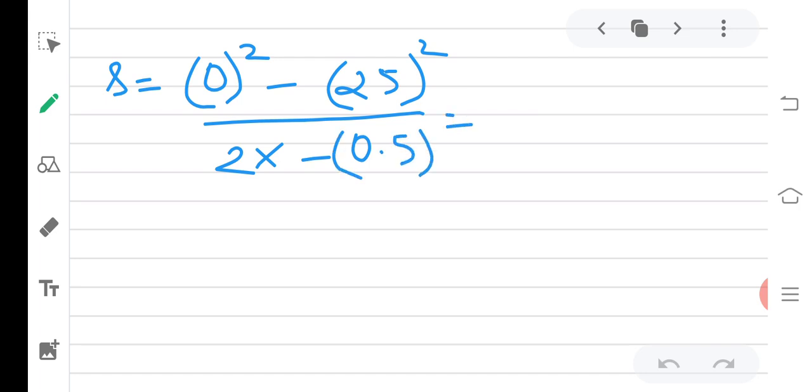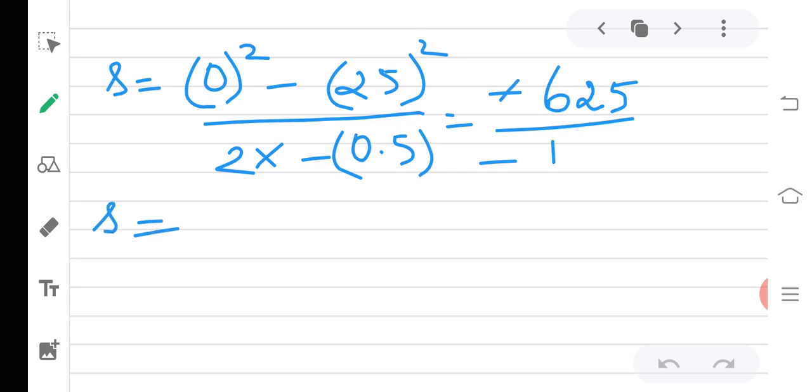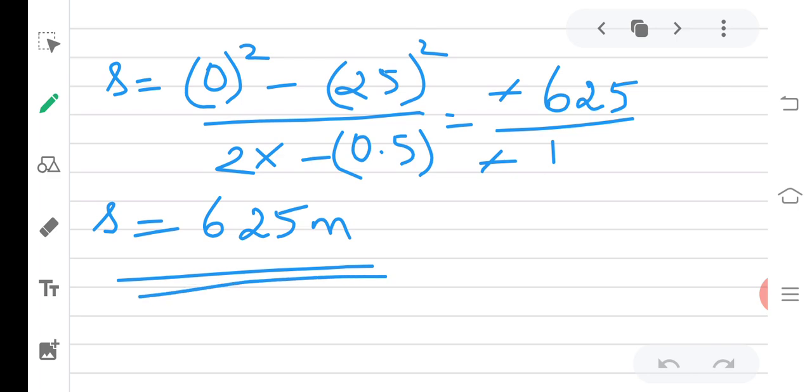That is minus 625 divided by minus 1, so your distance covered will be 625 meters. So this is how you use the third equation of motion.